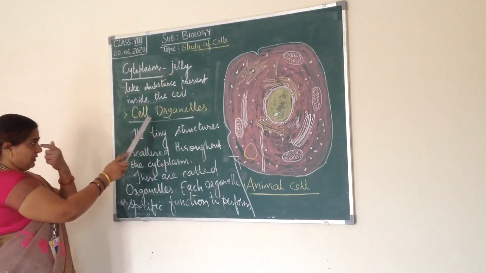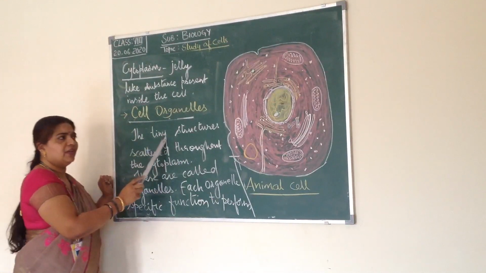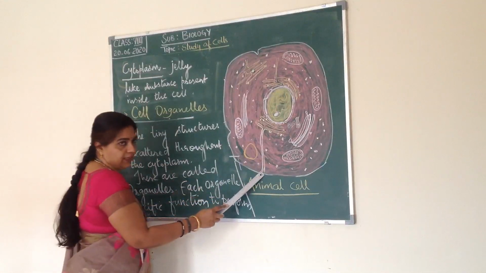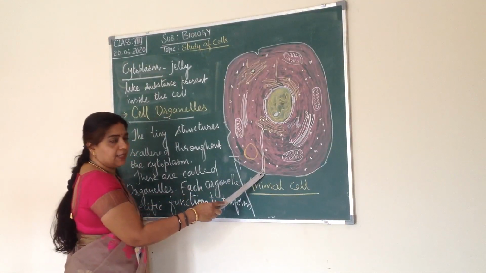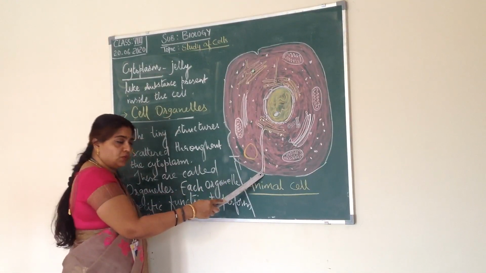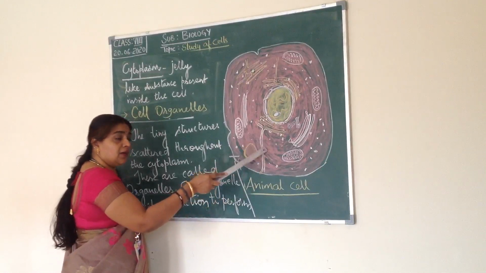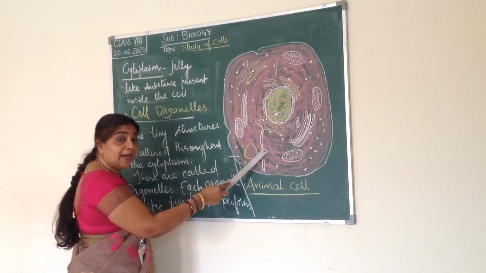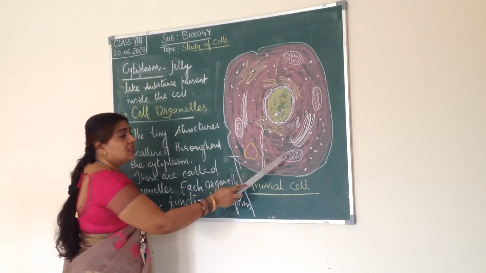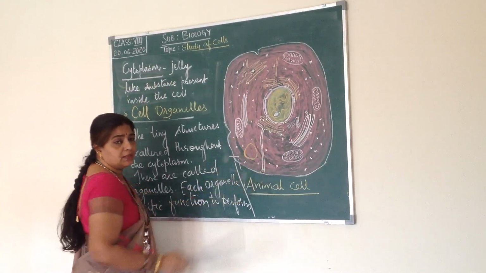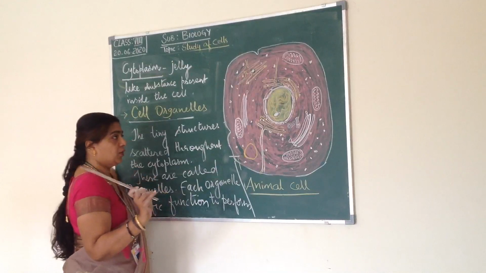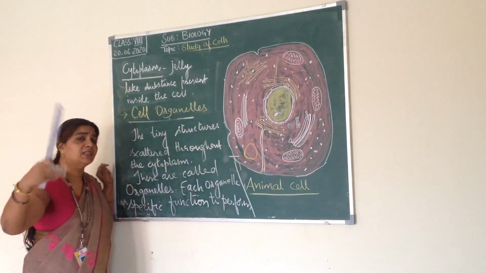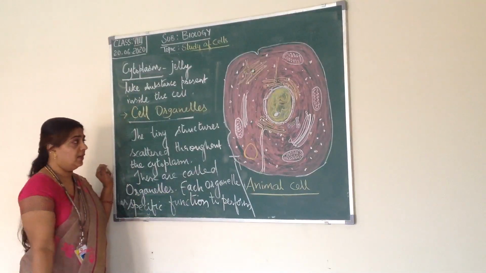So let's go back to cell organelles. Cell organelles are very tiny. The cell itself is very tiny. We cannot see it with our naked eyes; we have to see it through a microscope. And you can imagine how small and minute cell organelles may be. You can see these structures only under the electron microscope, magnified several lakh times.